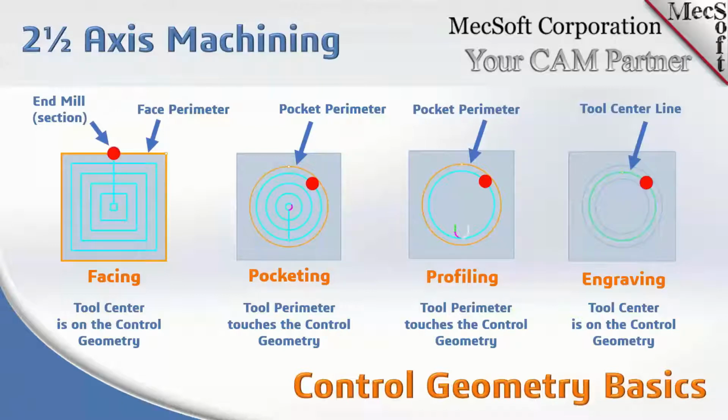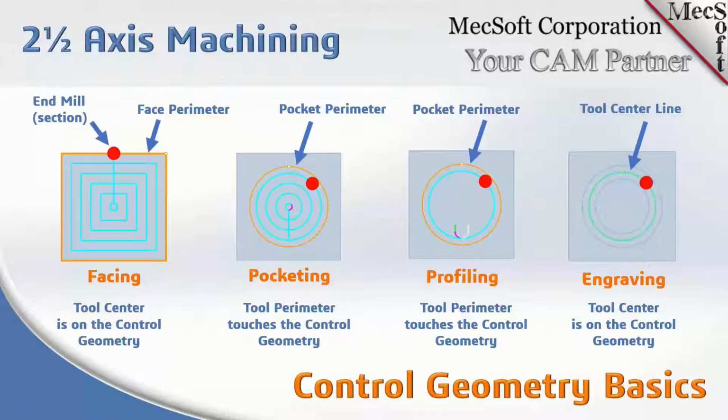I'll add a quick note here, Don. One of the things about facing and pocketing is you can think of facing as machining cores. If you're from the mold making world, you can think of facing as the outer boundary actually representing the outer area to be machined, so the stock to be machined, so you can approach the part from outside.